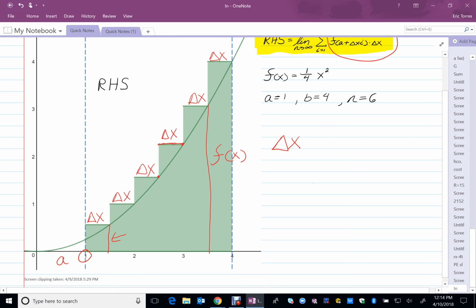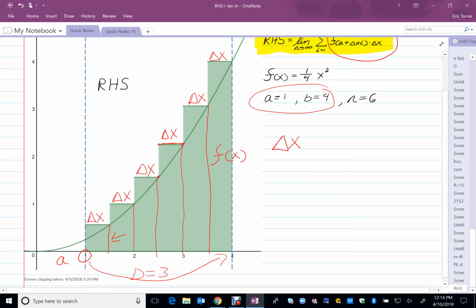So when I look at that, well, okay, I've got 6 rectangles, each one of them of equal length. And those 6 rectangles happen between the distance of 1 and 4. That's what we were given. So that's a total distance of 3.